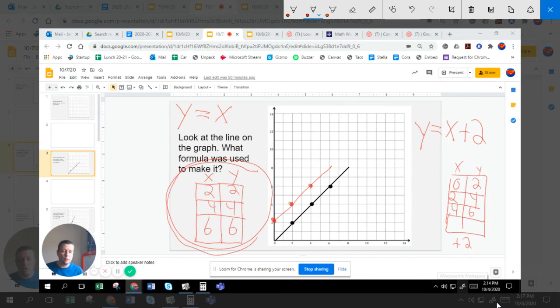You should always build a quick chart. That's what helps you figure out the ordered pairs when you want to graph, and it's also what helps you figure out the pattern or the rule for when you want to develop the formula. So that should always be a part of whatever you do when we're working on problems like this.